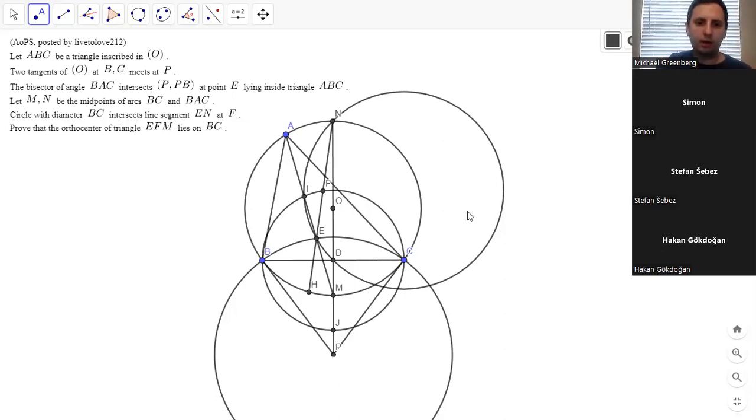Oh no, well, that's not totally true, because angle FIM, we want to show it's 90, not this angle.